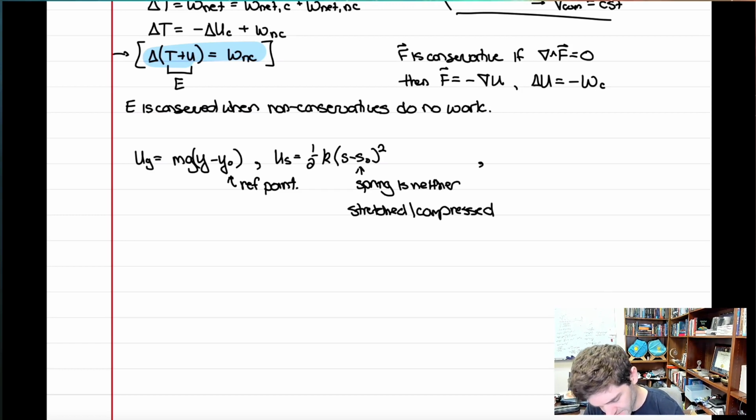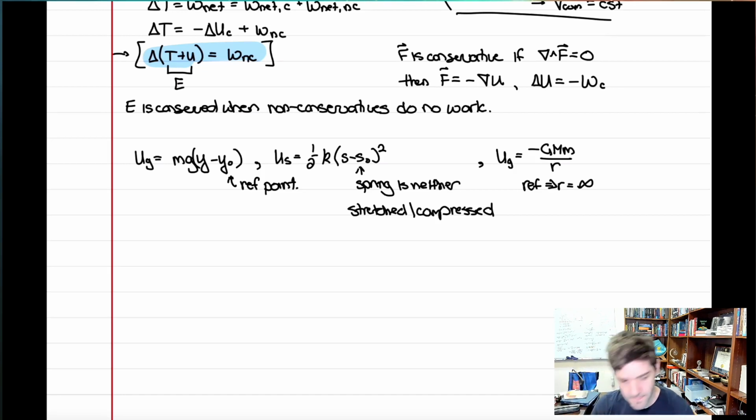And then for Newton's universal law of gravitation, we had, again for gravity, it's usually something like G, big M, little m over r. Where in this case, the reference point is r equals infinity. Because we can't let the origin be the reference point, because then we would be dividing by 0 in this case.